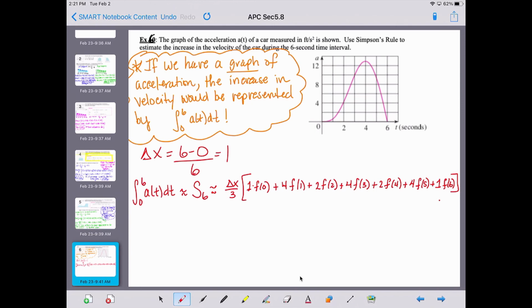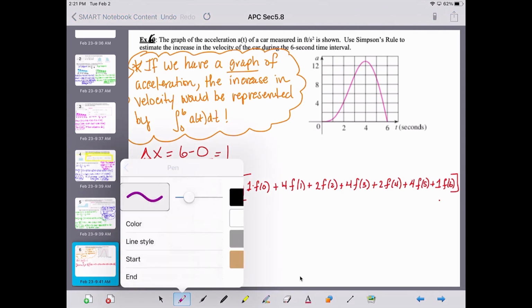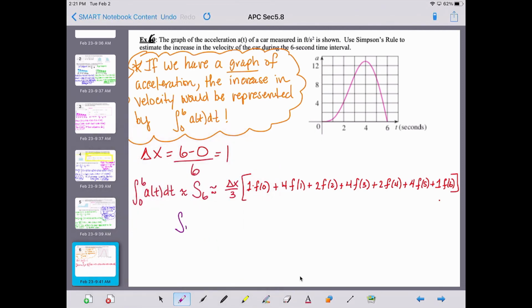And so now I'm going to have to use my graph to estimate the value of the function because I don't have a function to plug it into, right? But that's okay. I've got an x and a y axis, so I can do some estimating here. So plugging some numbers in, my S of 6 is going to be approximately equal to delta x, which is 1, divided by 3. F of 0 is 0, and 1 times 0 is still 0.